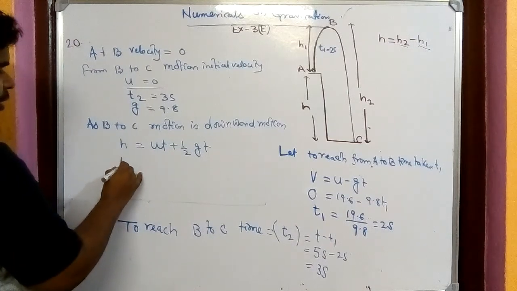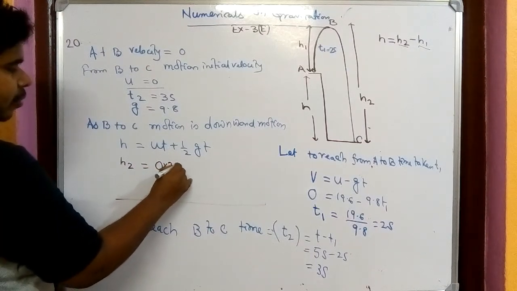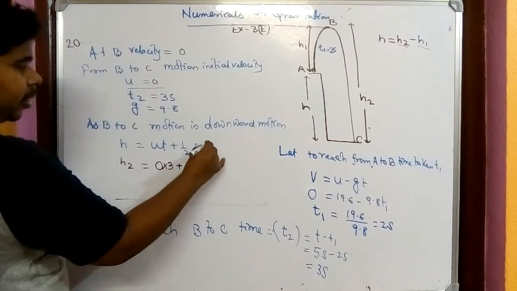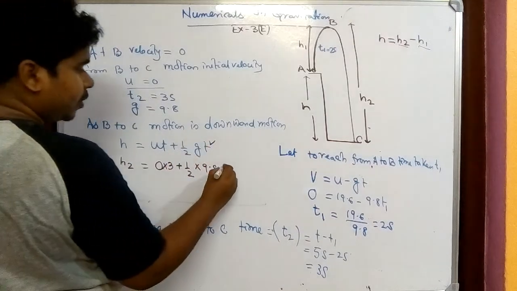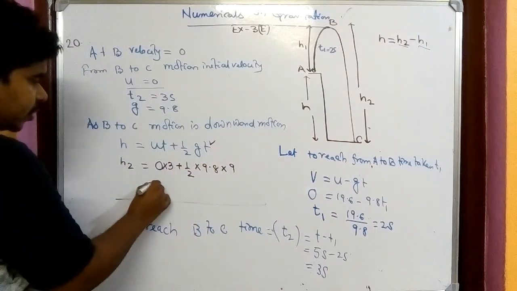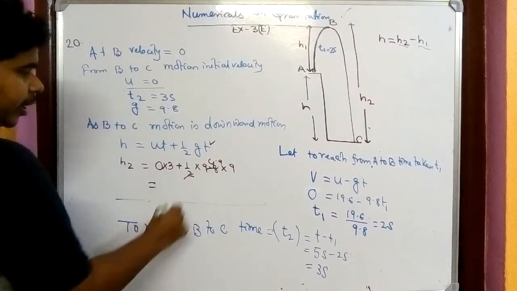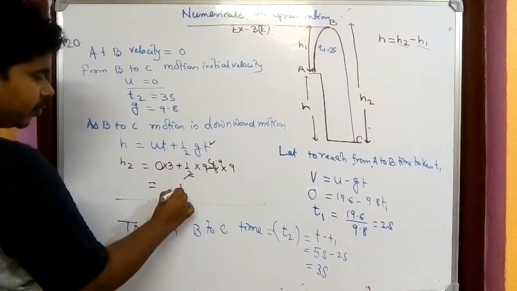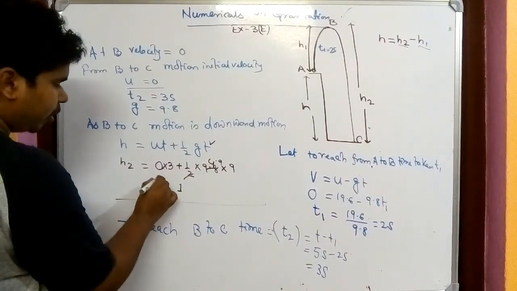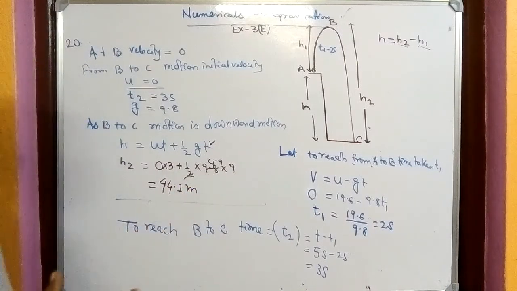Here the value of h is h2. u equals 0 into 3 plus half of g, that is 9.8, t square. t square is 3 square, that is 9. Half of 9.8 is 4.9. So 4.9 into 9 is 44.1 meter. So I have got h2.